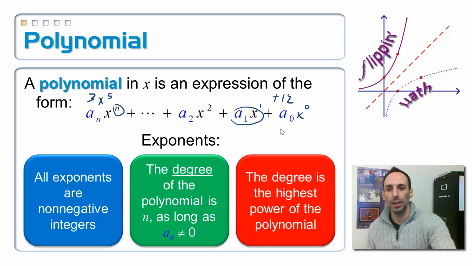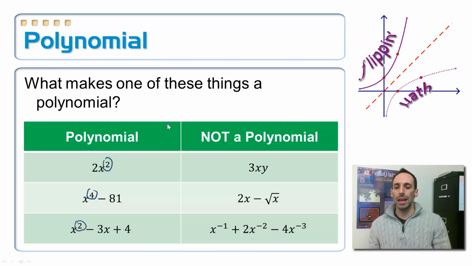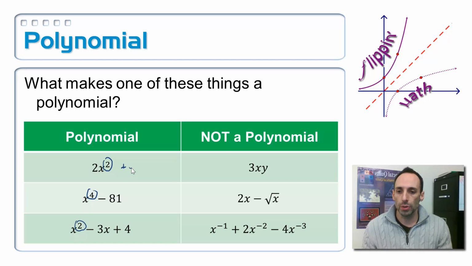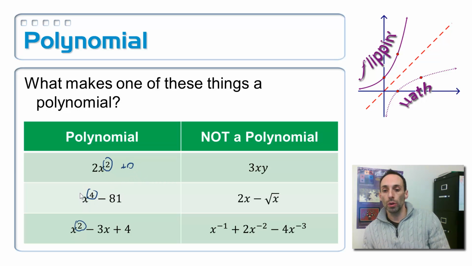So again, let's go back here to these. Our leading coefficient of the first one is the number 2. Our constant term is as if I have a plus 0 here, and so our constant term is 0. On the second one, our leading coefficient is a 1. And our constant term is negative 81, right?